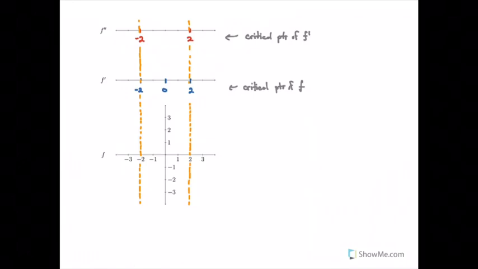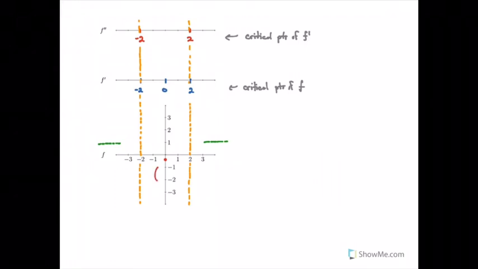I know that there was a horizontal asymptote at y equals 1. So I'm going to draw that horizontal asymptote. It only matters at the end of the function, not anything in the middle. I know that there is a y-intercept of negative 1/4.